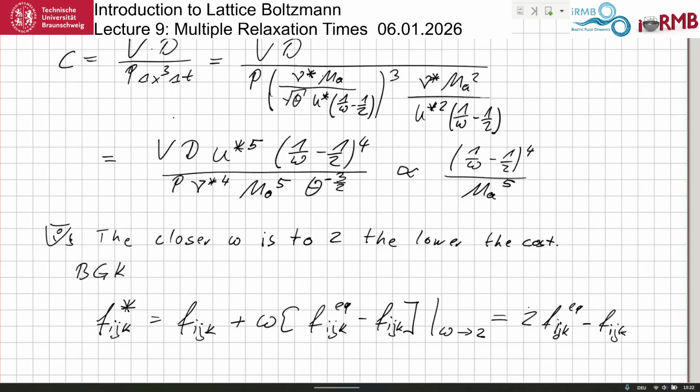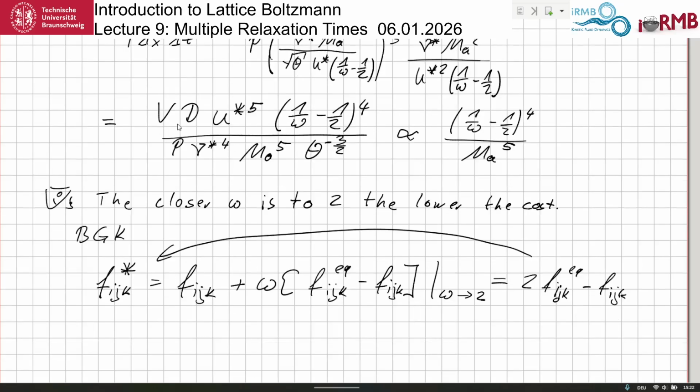And now you see if you compare these two things, what you basically see is you do an inversion. So it's exactly the non-dissipation limit.